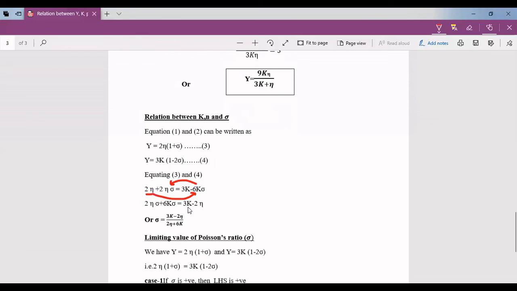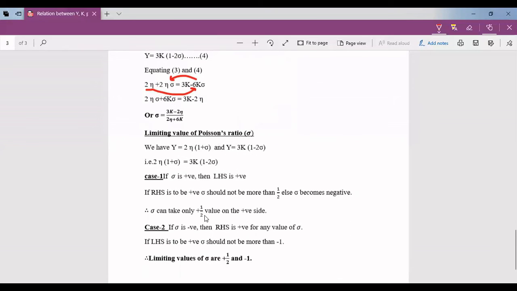So 3K minus 2 eta, or sigma will be equal to 3K minus 2 eta by 2 eta plus 6K. This is the relation between bulk modulus, rigidity modulus and Poisson's ratio.